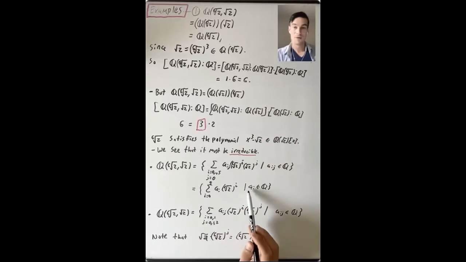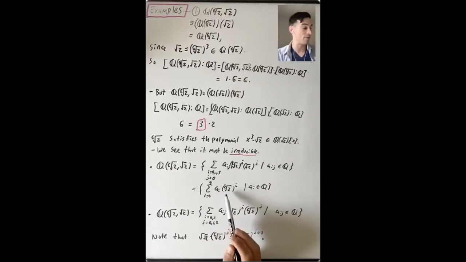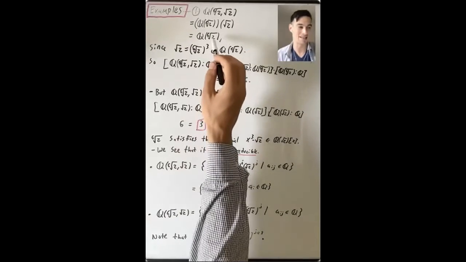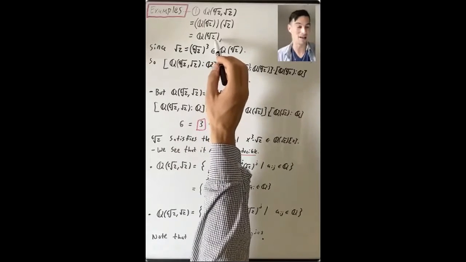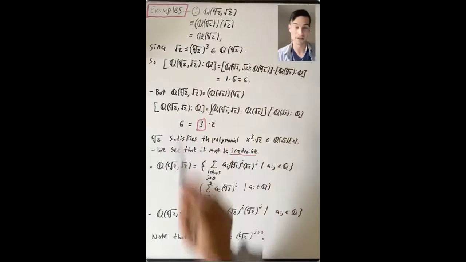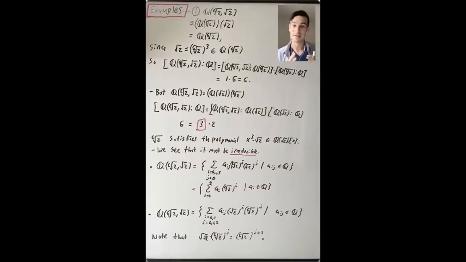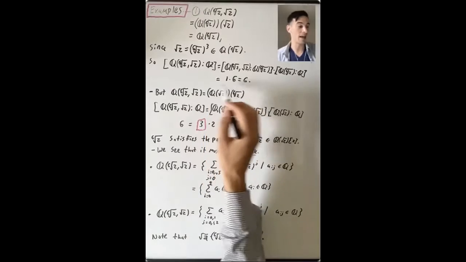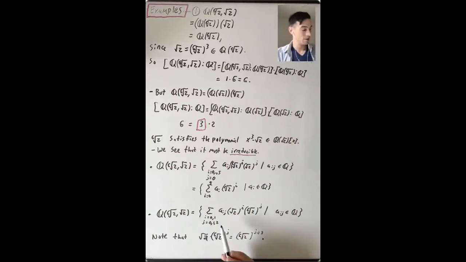Really, what are you getting? You're getting the description of polynomials of degree at most 5 with coefficients in Q in this one element, sixth root of 2. And that makes sense because that is the description we have of elements of Q adjoin sixth root of 2.